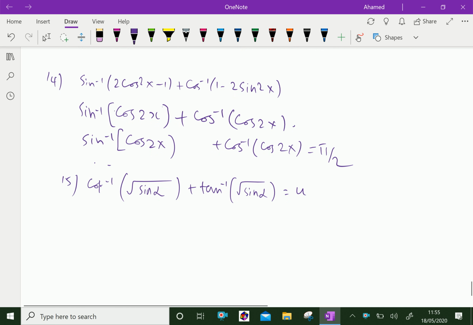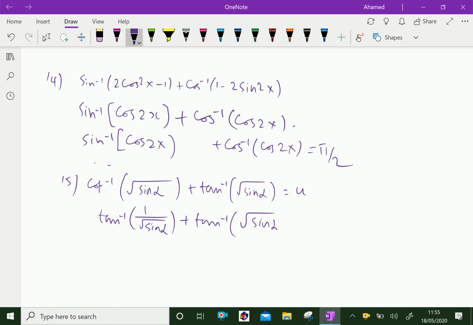Now we have cot inverse of root sine alpha equal to tan inverse of 1 by root of sine alpha, plus tan inverse of root of sine alpha equal to u.